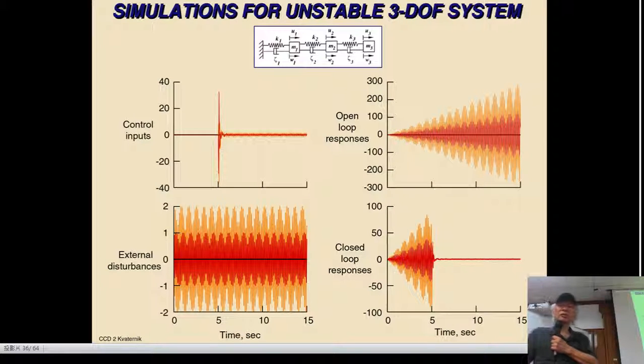We call them external disturbances, meaning we cannot measure them. We don't know when they come, just like an earthquake. And we don't measure it. For example, if you don't have any accelerometers on the ground, we cannot measure how big the force coming from the earthquake is. Agree? Yeah, like that.